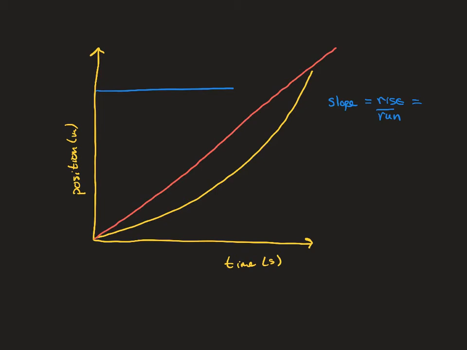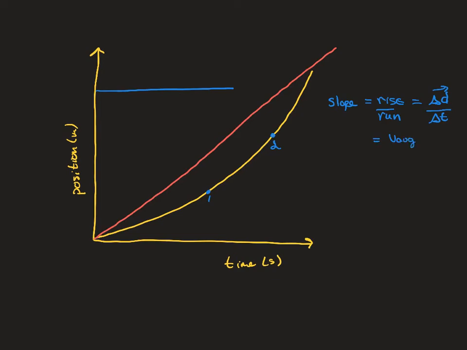So if I want to find the slope between 2 points, I'd be taking position 1 minus position 2, or position 2 minus position 1. So that would be your displacement. And the run in this case, or the x value, would be time 2 minus time 1, or your change in time. So that tells us that the slope is equal to the average velocity.